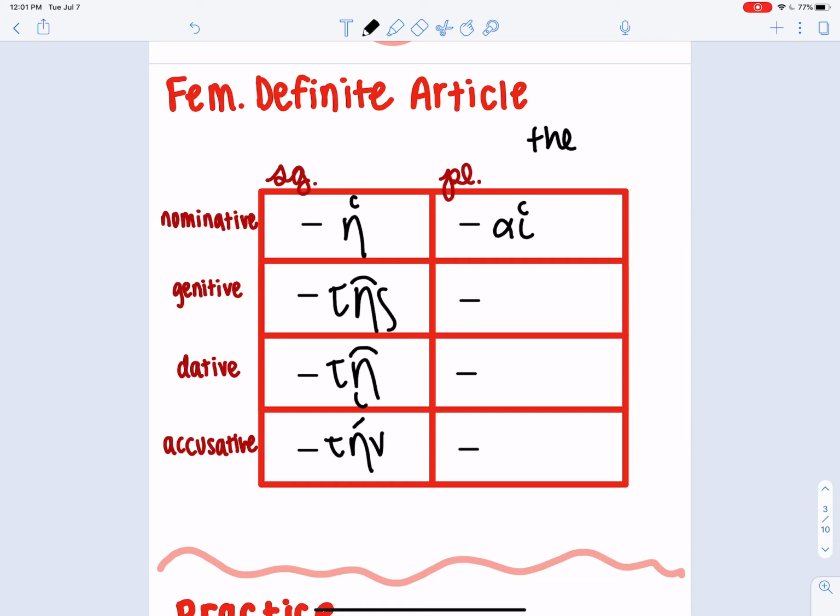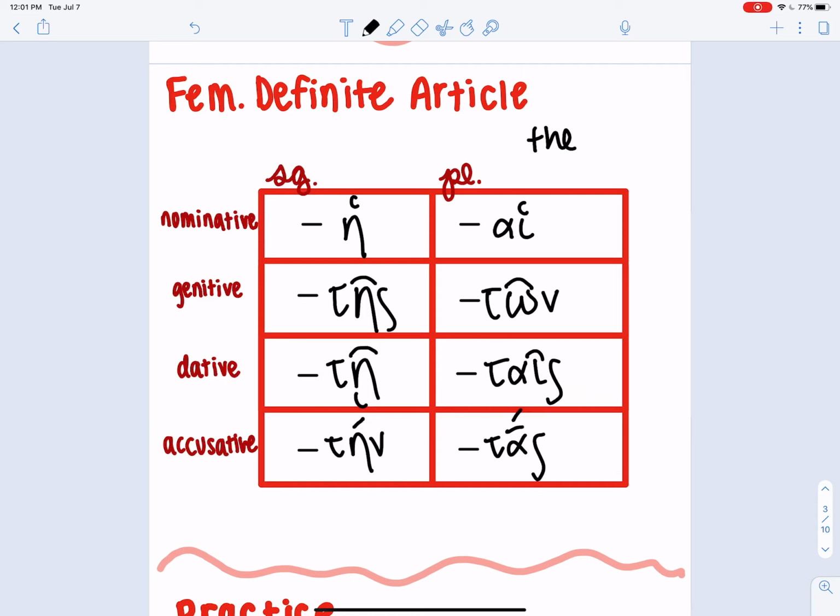Then genitive is ton, tau omega nu, with a circumflex over the omega. Dative is tais, which I was apparently so excited for earlier that I couldn't help but tell you. And it has a circumflex on the iota. And accusative is tas, with an acute and a macron on the alpha.